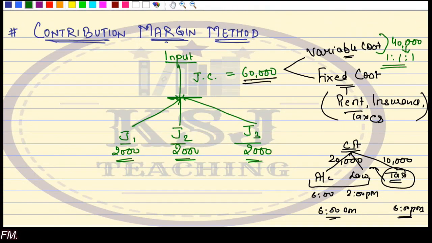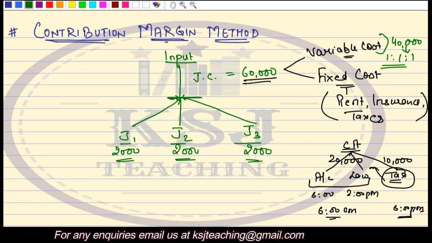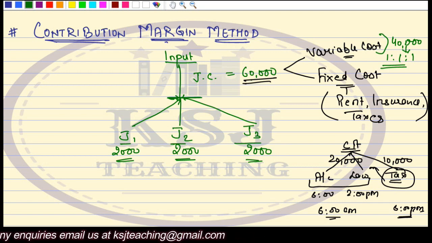Now, what we are left with is just one method, that is the reverse cost method, right? Reverse cost method we are going to study for the joint product and also for the byproduct. That is one of the most important methods.